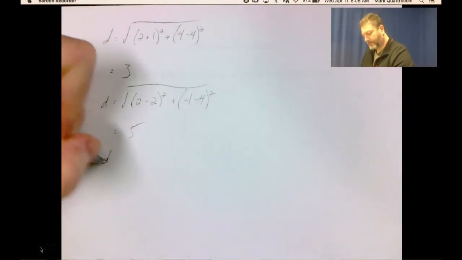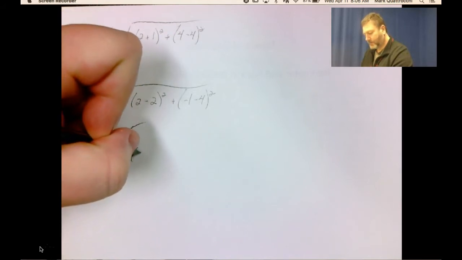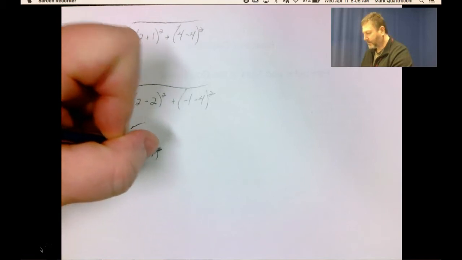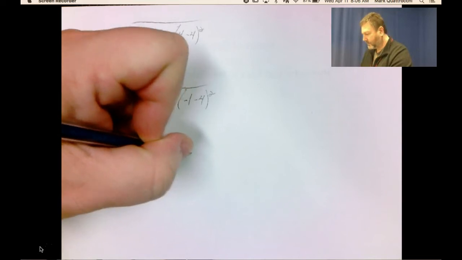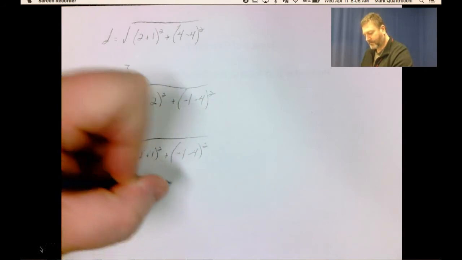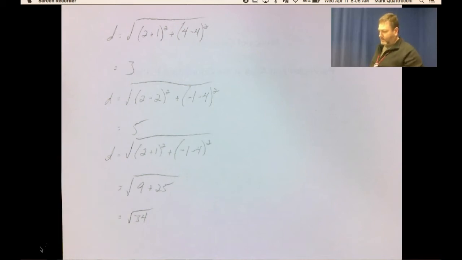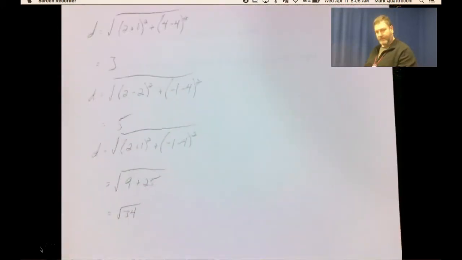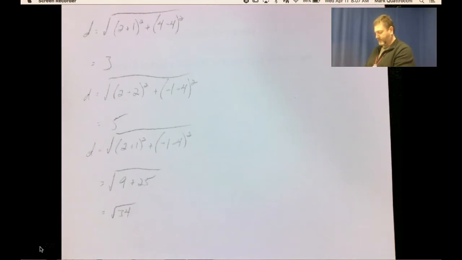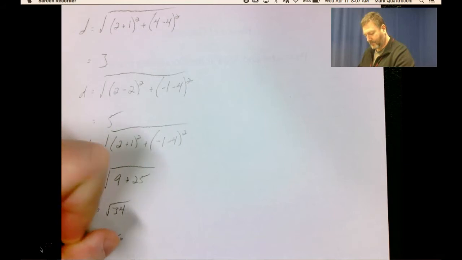And the last one, distance equals the square root of 2 minus -1, which becomes 2 plus 1 squared, plus -1 minus 4 squared, the square root of 9 plus 25, the square root of 34, which, when we pull out our calculator, is approximately 5.8.